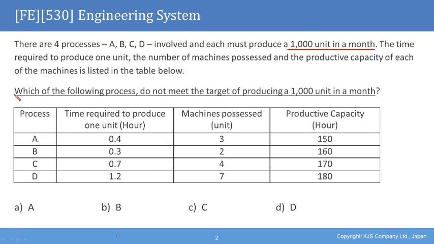The question is, which of the following processes do not meet the target of producing 1,000 units in a month? Is it A, B, C, or D?